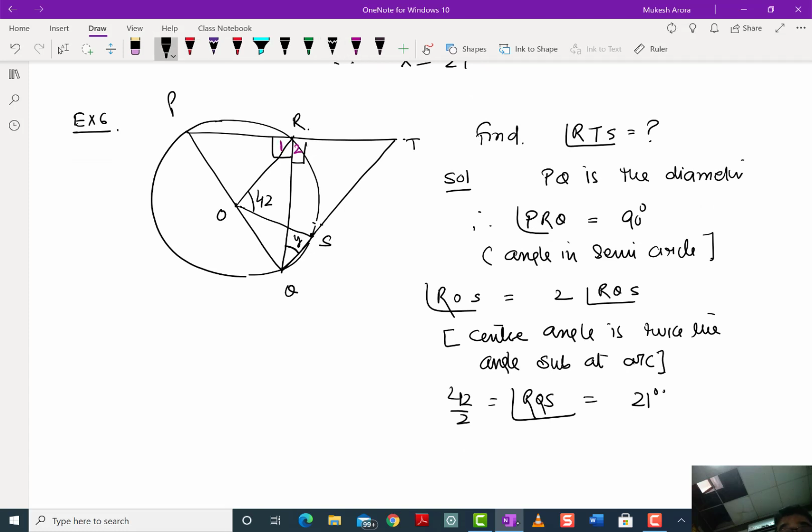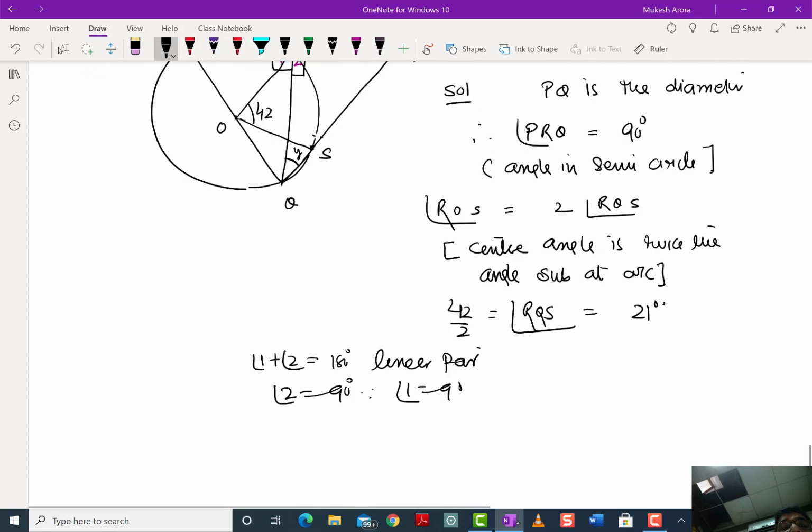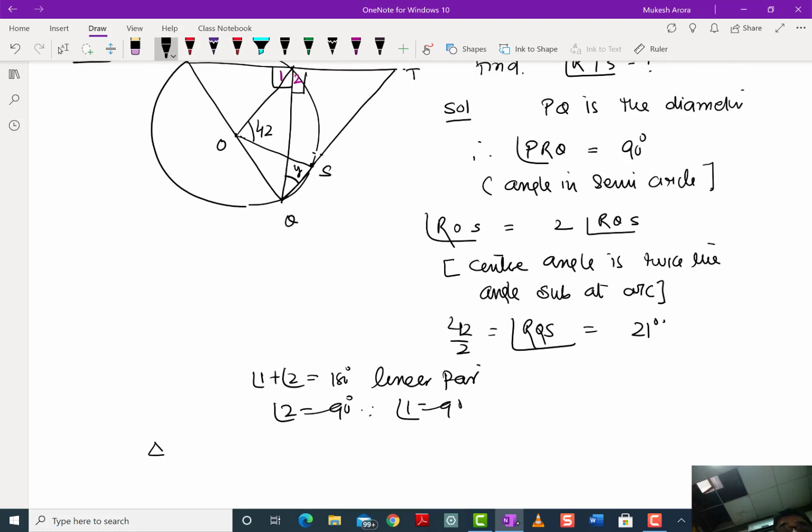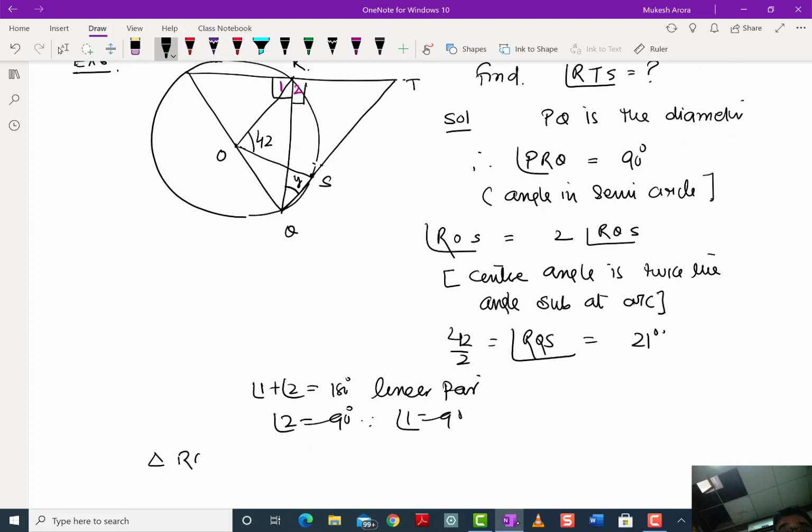Angle 1 plus 2 is equal to 180, linear pair. So therefore angle 2 is also equal to 90 because angle 1 is equal to 90. We'll take the triangle RQT in which angle 2 plus angle Y plus angle RTQ is equal to 180.